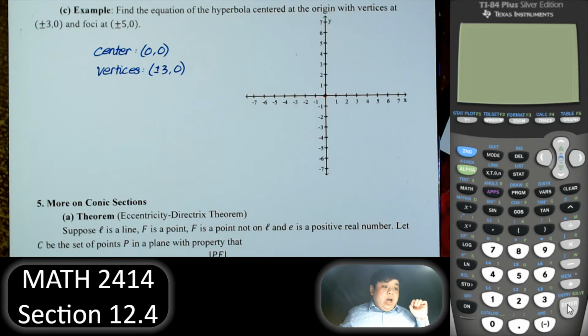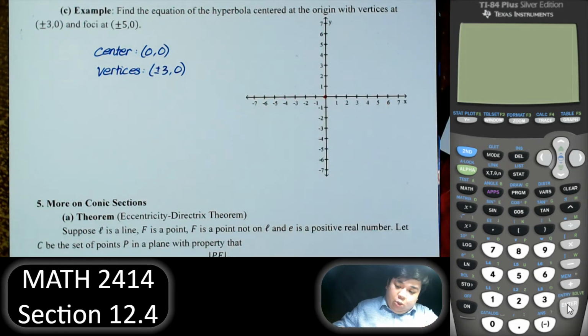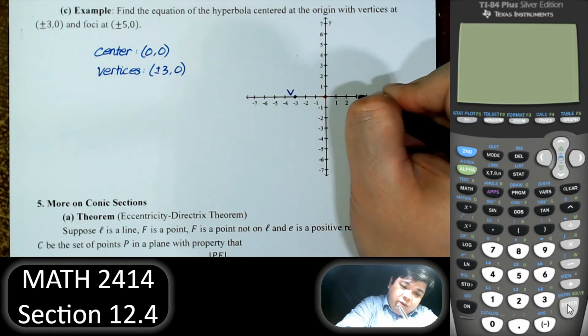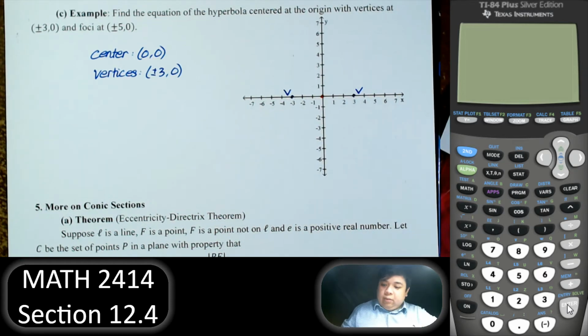Meaning that we go 3 to the left and 3 to the right, so we have one vertex here and one vertex there. Next, foci at plus or minus 5, 0.